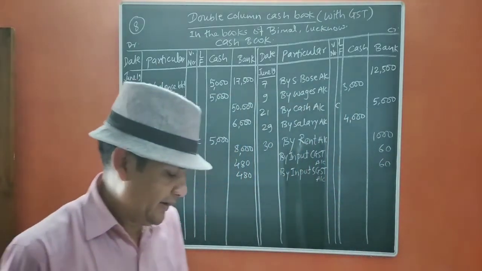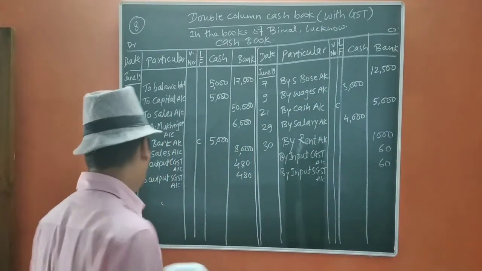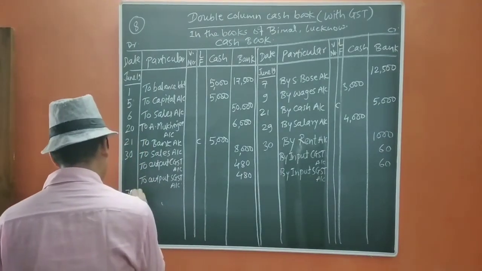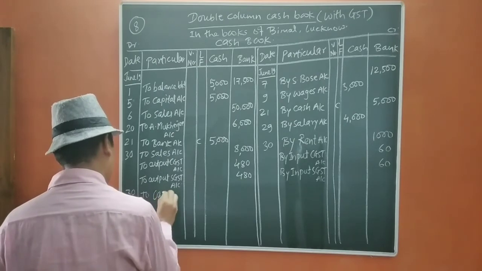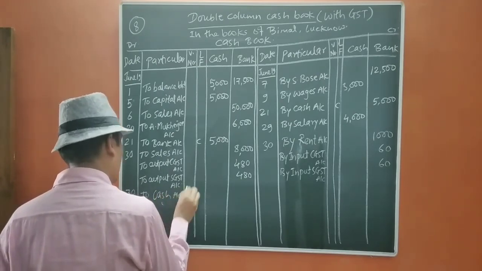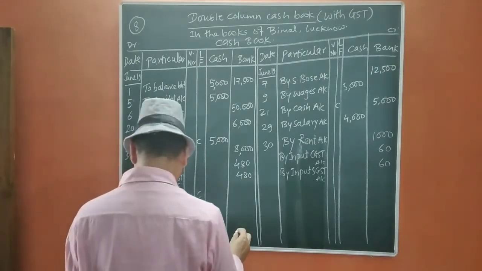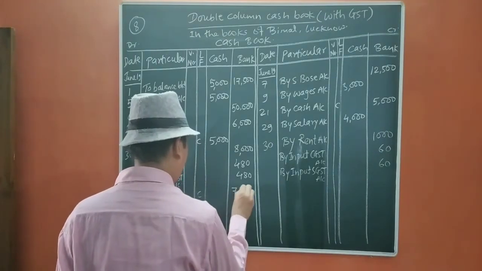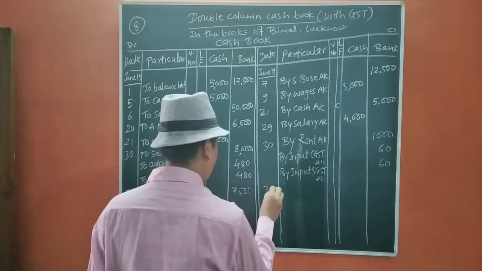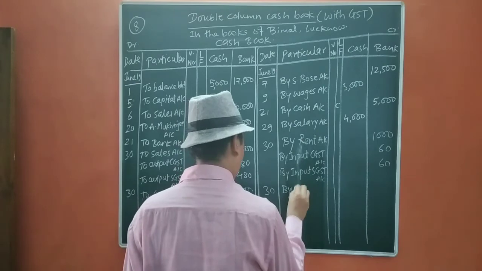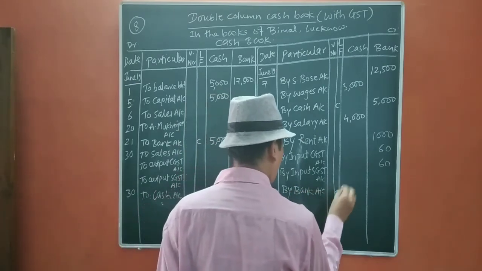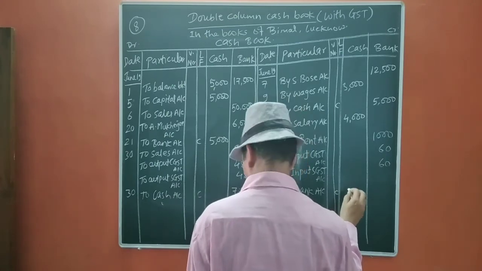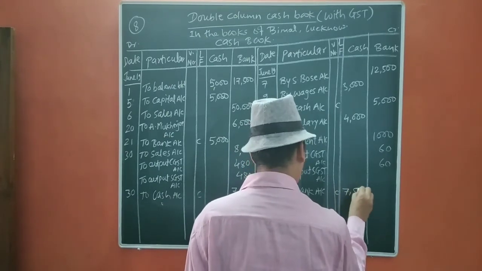Okay, now it is said paid by cheque, so it is again going to be June 30 to bank account, sorry, to cash account, and the amount deposited is 7,500. On 30 by bank account, the amount is going to be 7,500.